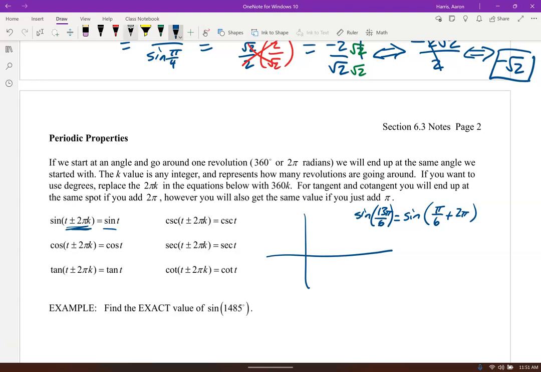That's 1 full revolution plus pi over 6 more, right? So I go around once, there's 2 pi, and pi over 6 more, which is 30 degrees. So I'm right here.